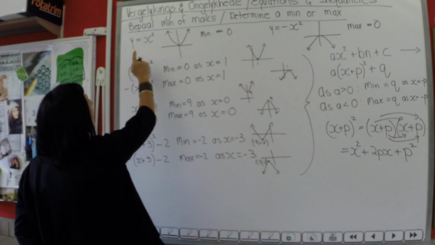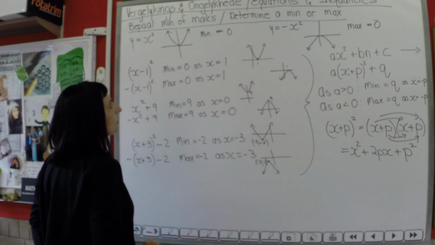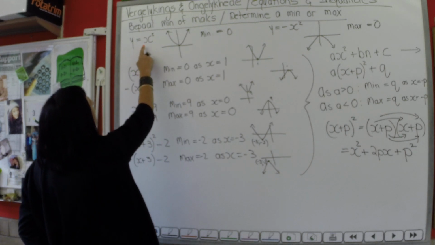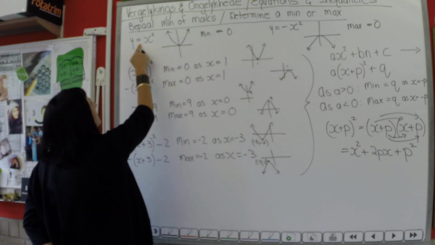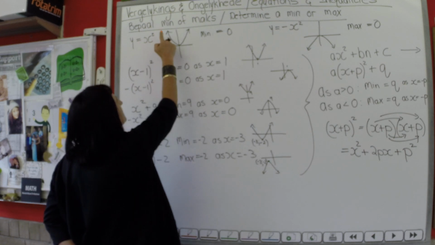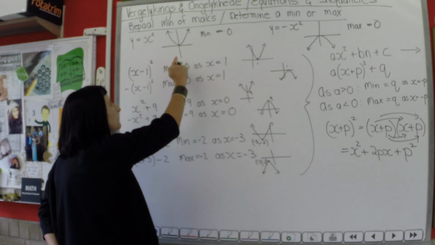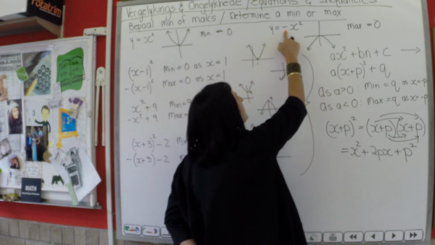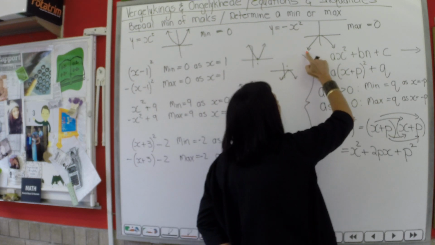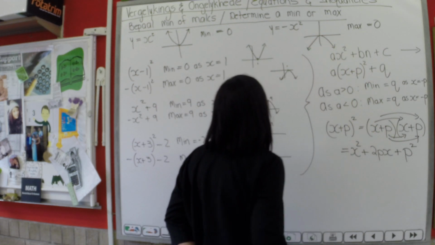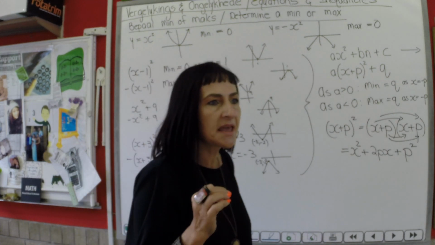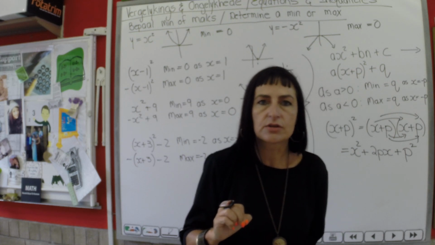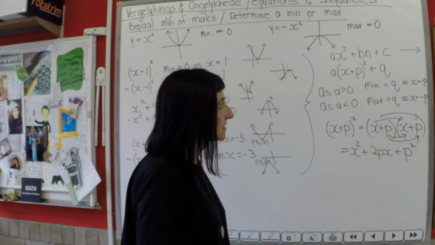So wanneer my a-waarde, onthou julle ons standaardvergelyking was ax kwadraat plus q. When the a value is positive, we said it's a smiley face. Wanneer die a-waarde negatief is, hierdie minus 1, dan was dit 'n sad face en dis hoekom dit 'n maksimum is. And this concept is very important to be able to understand minimum and maximum values when we've got a quadratic expression.